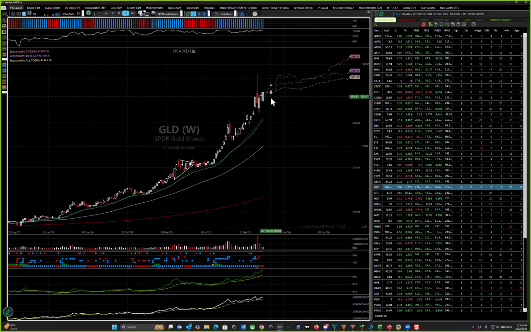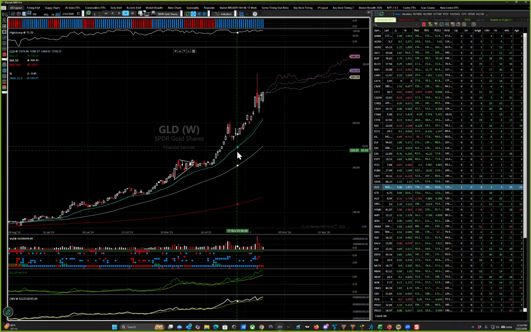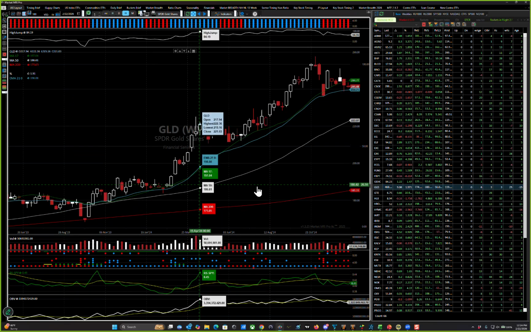So a high close doji in John's world, this is John's stuff, not my stuff. And I don't count this as a high close doji, by the way, because to me the real valuable high close doji occurs when something's in a downtrend. So let's look.